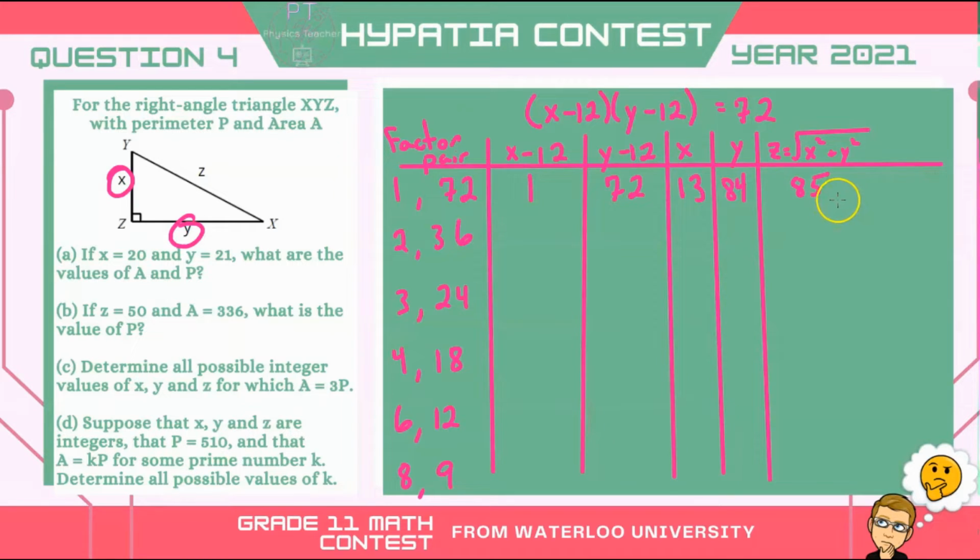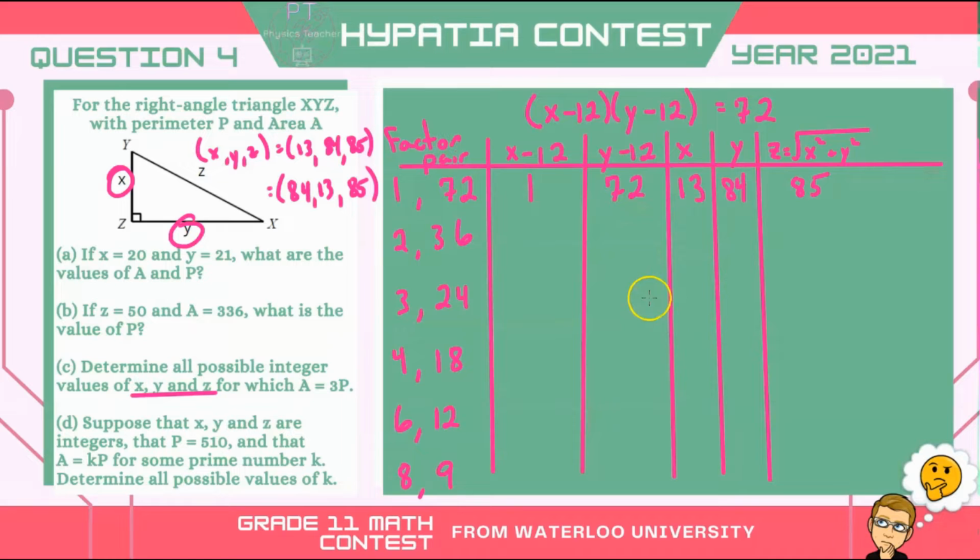So this gives you two possible answers for x, y, and z. The first being 13, 84, and 85. The second being, just like I said, you can switch x and y, so you could also have 84, 13, and 85. So you're going to get two answers for every factor pair.